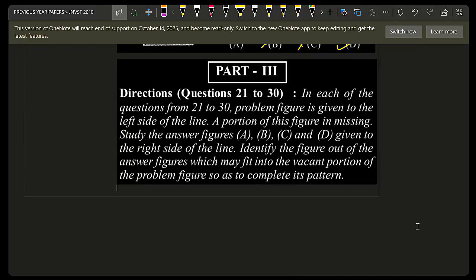In each of the questions from 21 to 30, the problem figure is given to the left side of the line. A portion of this figure is missing. Study the answer figures A, B, C, D given to the right of the line. Identify the figure out of the answer figures which may fit into the vacant portion of the problem figure so as to complete the pattern. So this is called pattern completion. Let us take the first question.